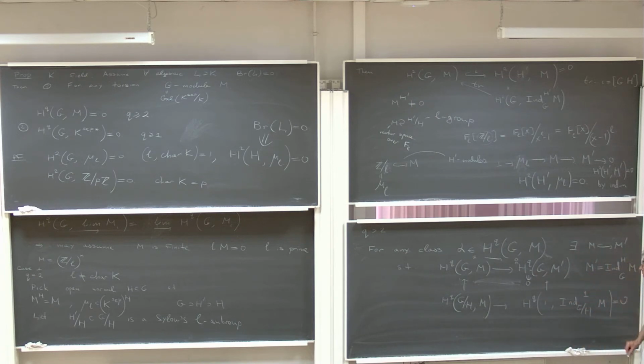Okay, so you have now M, you have M prime, and you have M double prime.